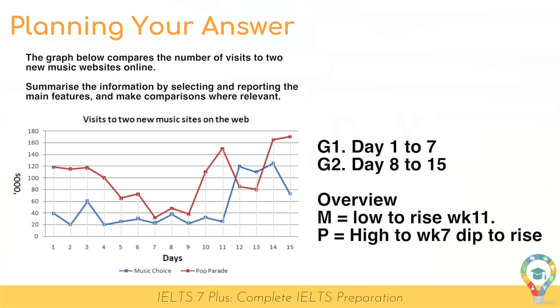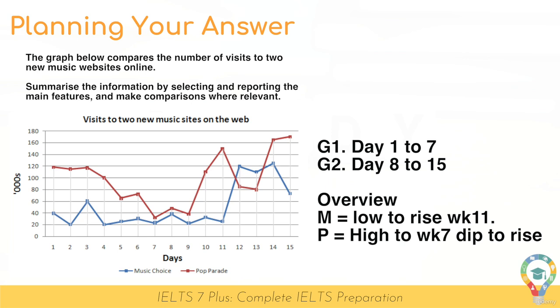So for music choice, we can see that it starts low and begins to rise around week 11. It remains relatively high with a slight dip in the final day.